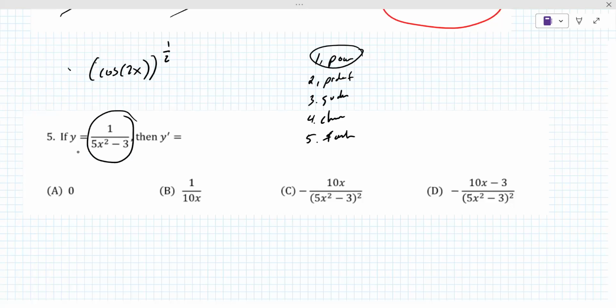All right, so why don't you try doing this problem and let me know what you come up with.